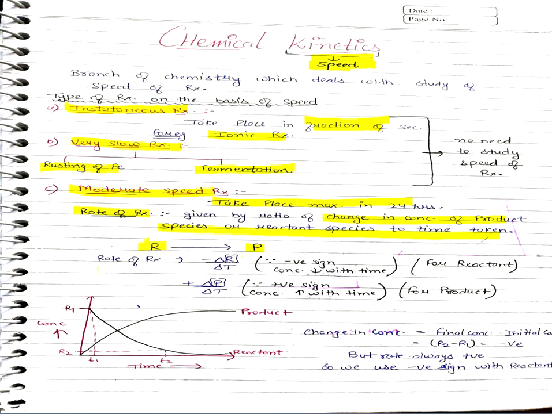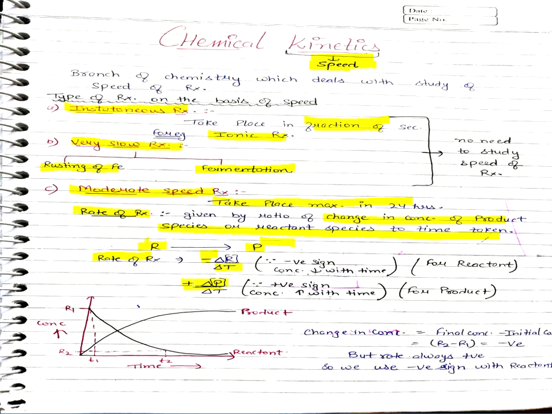Rate of reaction is equal to minus delta R upon delta t. Delta is used for change. Minus sign is used because the reactant concentration is decreasing as the reaction goes ahead, and delta t is the change in time. This is for the reactant and this is for the product.